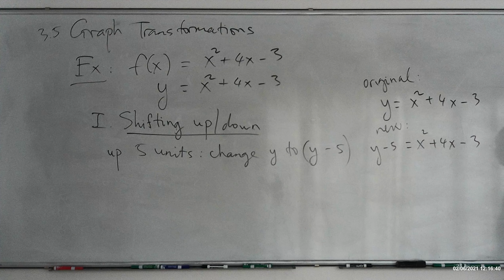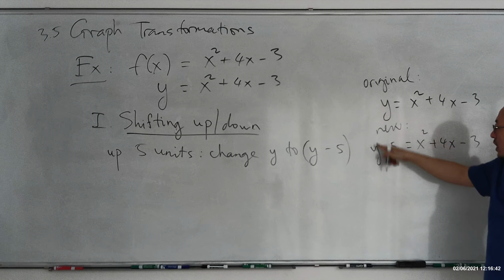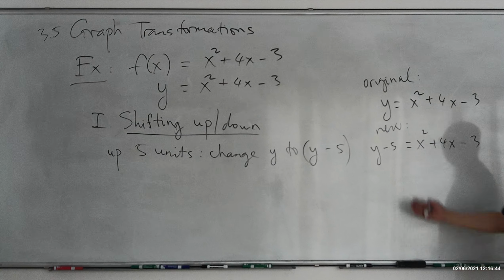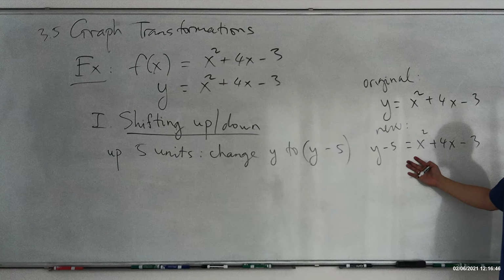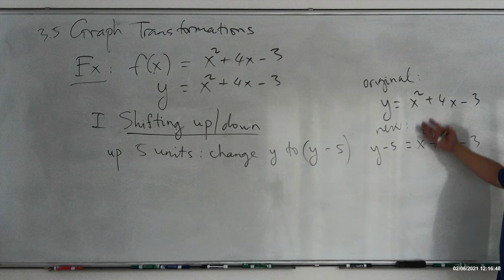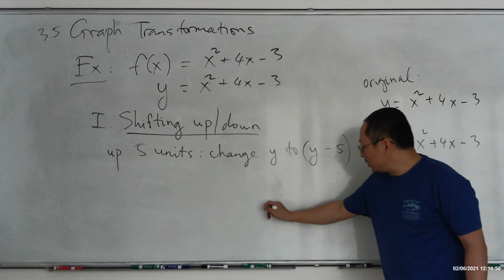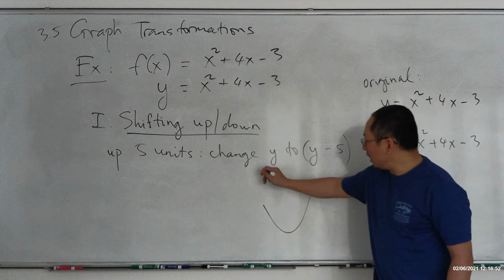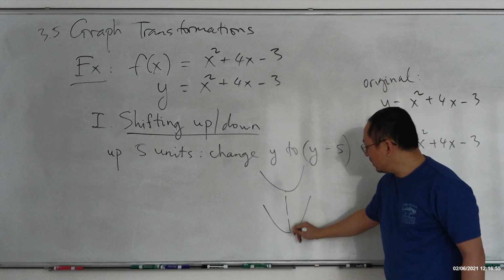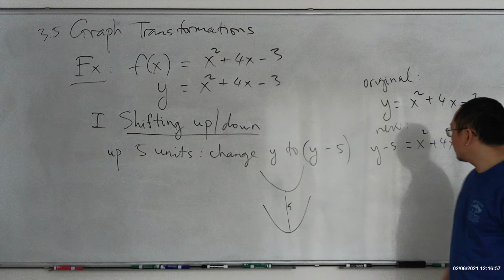You see what I've done? Whenever I see the y, I change it to y minus 5. Okay? And this new function is going to be 5 units above the original. So if you have the original graph right here, the new graph is going to be up here. And how far is it? It's 5 units away.